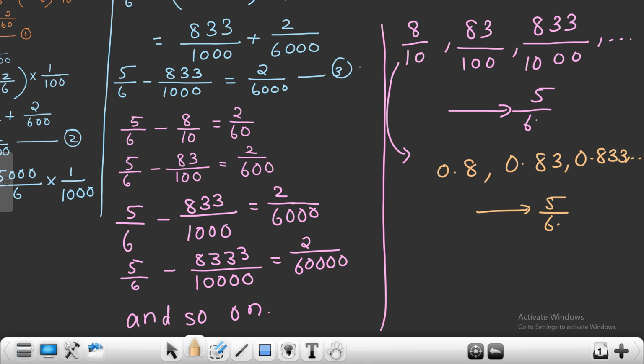This we shorten into a decimal form, that is 5 by 6 is equal to 0.8 with the repeating digit 3, 3, 3, etc. I hope that all of you understood this. Thank you.